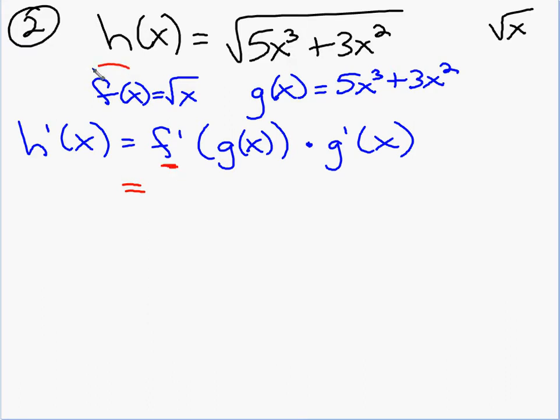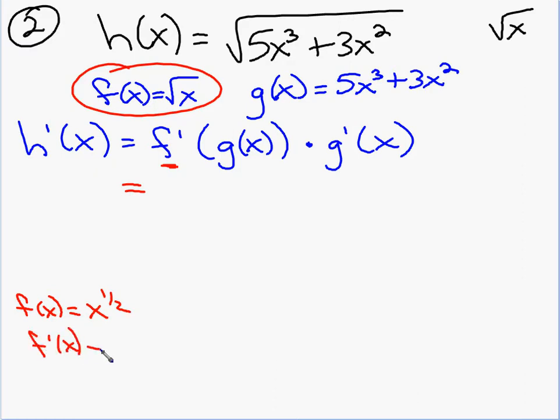Well, right here is my function, the square root of x. So maybe we need to come over to Rivendell for a second. F of x equals x to the 1/2, doesn't it? So f prime of x is going to be 1/2 x to the negative 1/2, using the power rule.